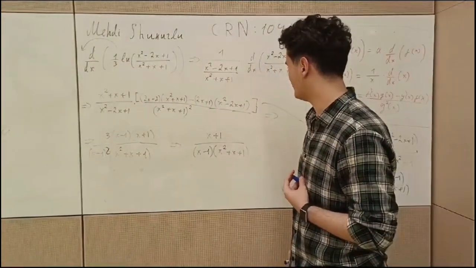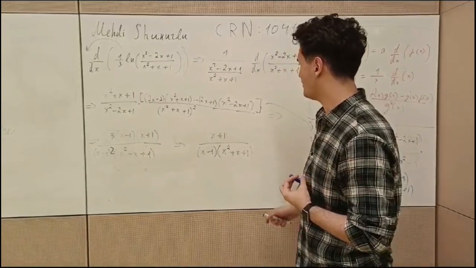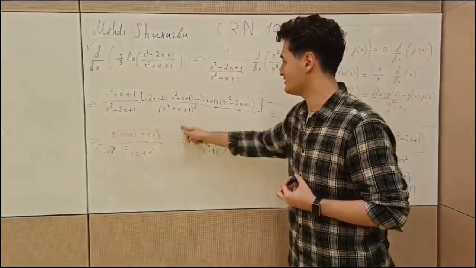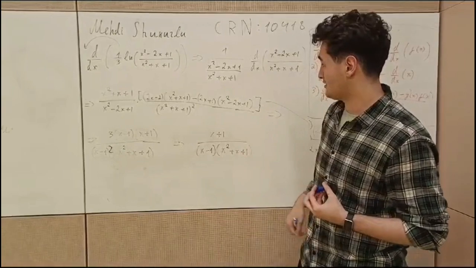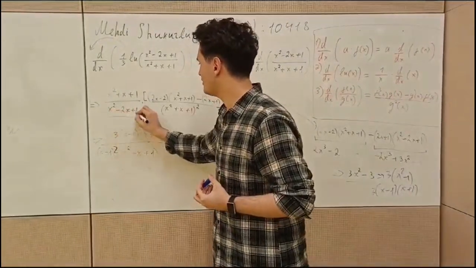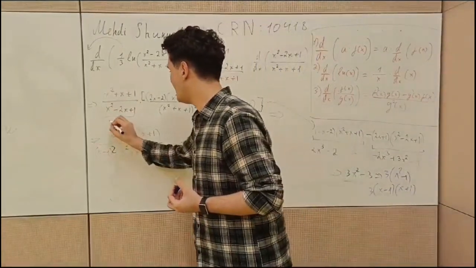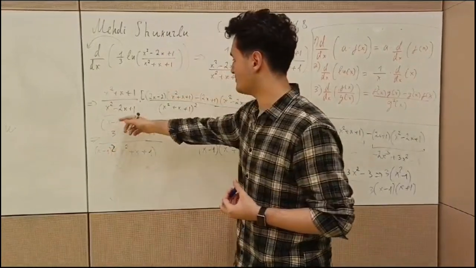Then we multiply by this value. If you're careful, just like the other function, we can make this expression simpler by making it x minus 1 squared.